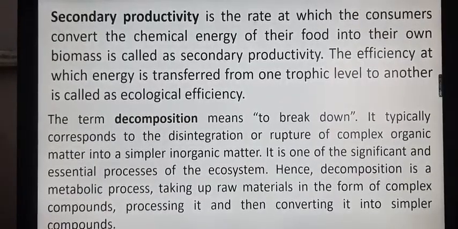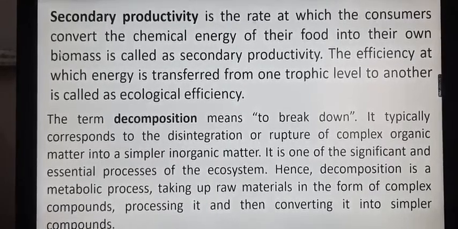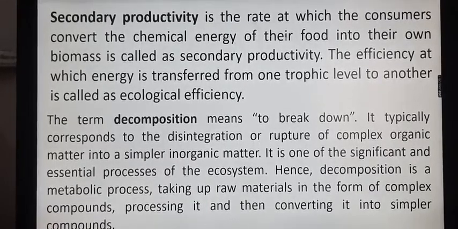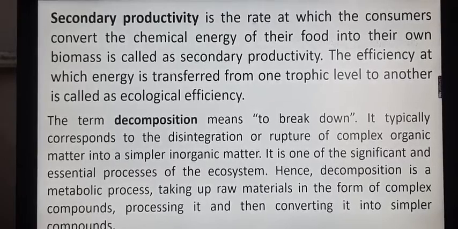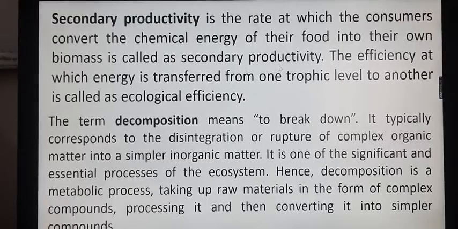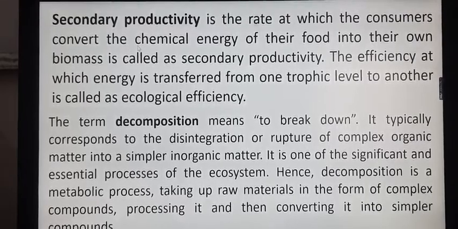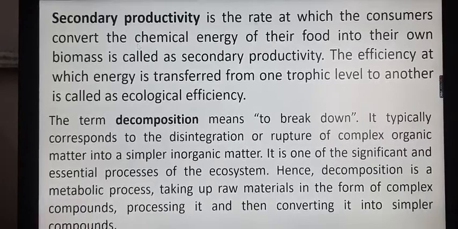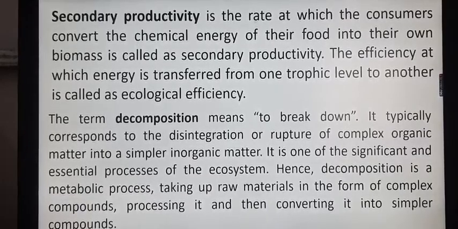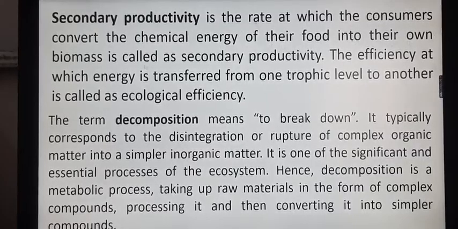Then the secondary productivity. Secondary productivity is the rate at which consumers convert the chemical energy of their food into their own biomass. Whatever organisms at any level consume from the previous level is converted from the chemical energy of their food into their own biomass.